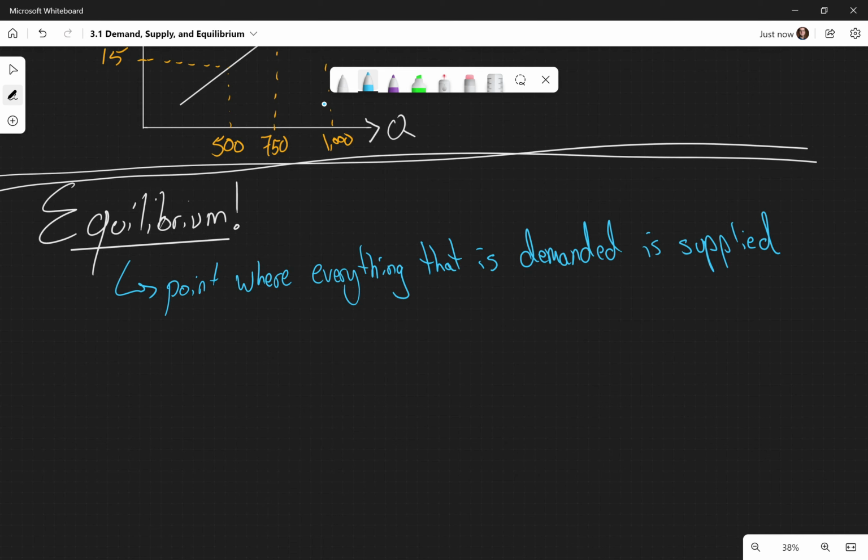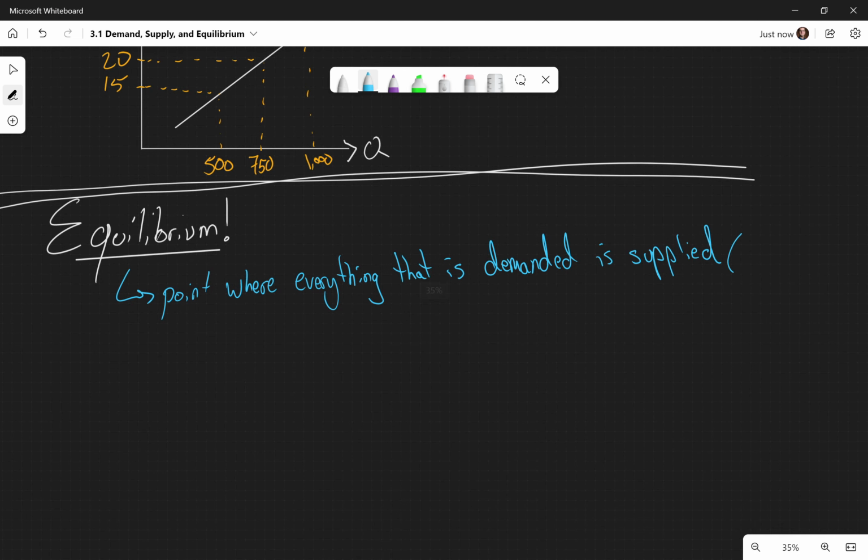So we could also think about this as it's the price where the quantity demanded is equal to our quantity supplied.